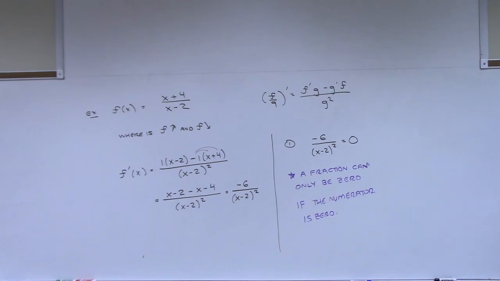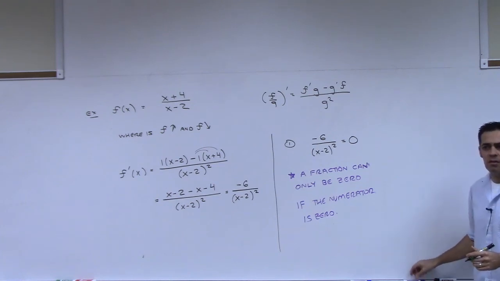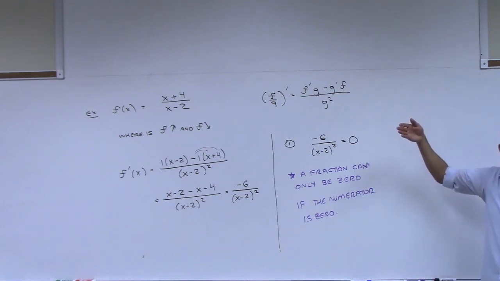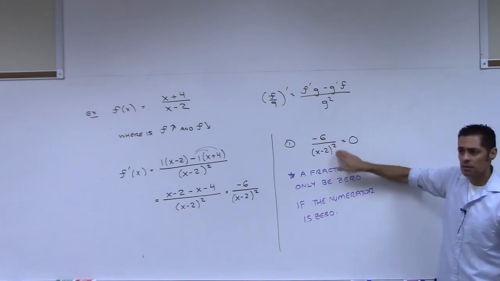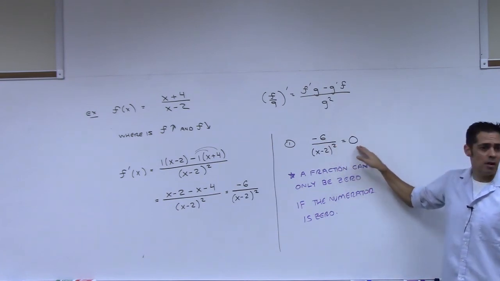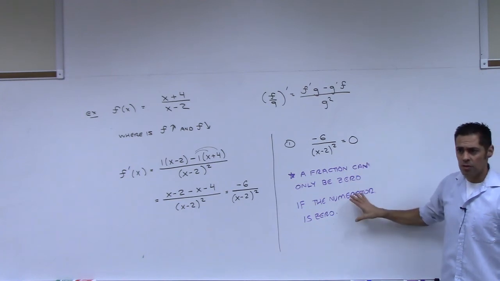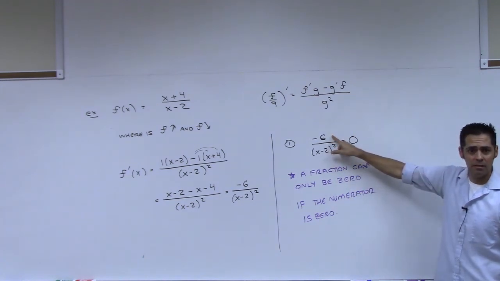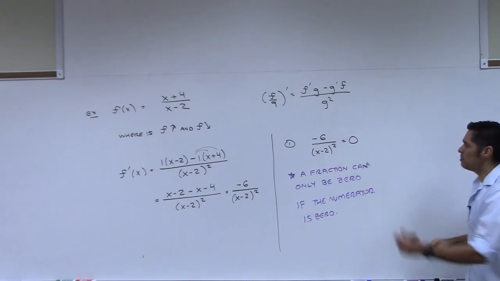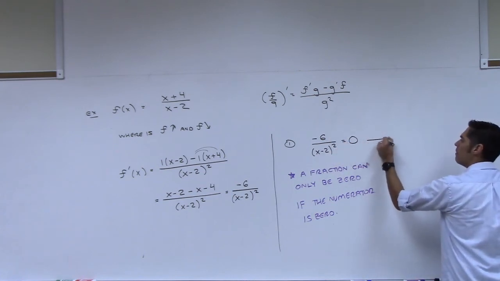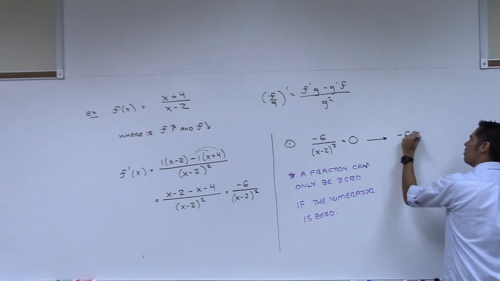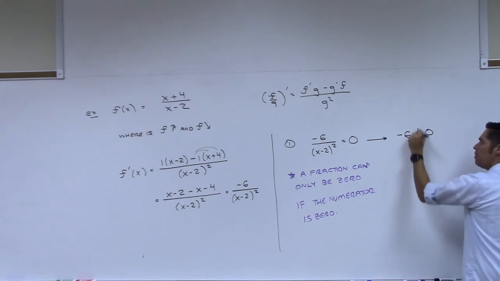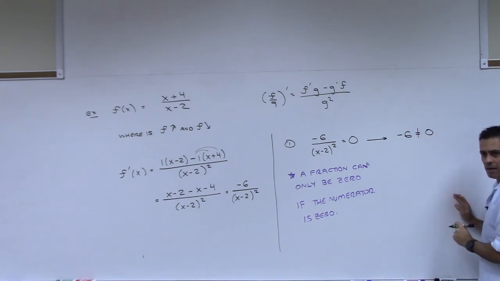The only way that a fraction can ever be 0 is if the top is 0. So we have a fraction, and I would like to know when it's 0. And I've just told you that the only way that this can ever be 0 is if the top is 0, right? So this means that -6 would have to be 0, but that's impossible, right?